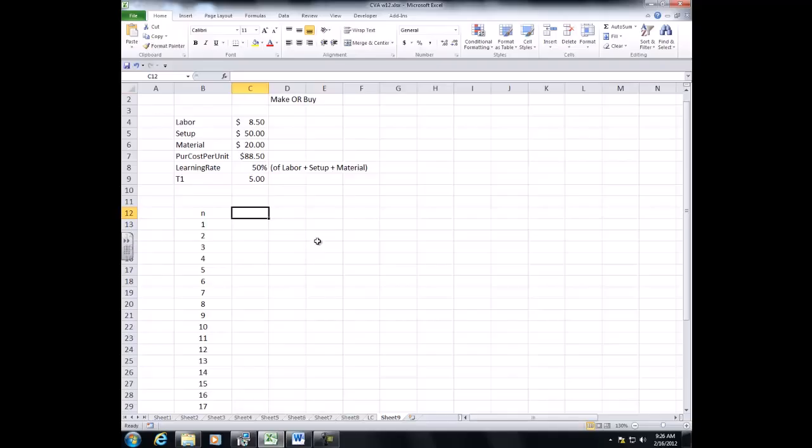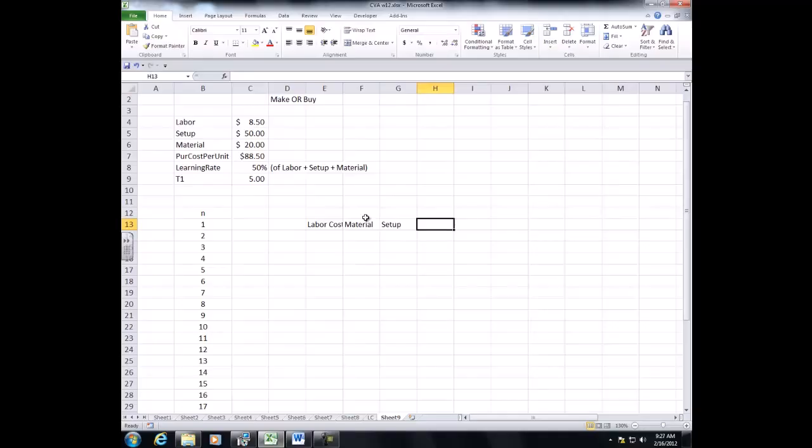The total cost of producing 1 unit is based on the labor cost, and then to that we will add the material cost plus setup, right?